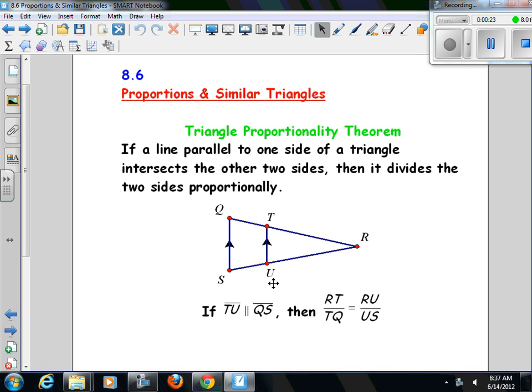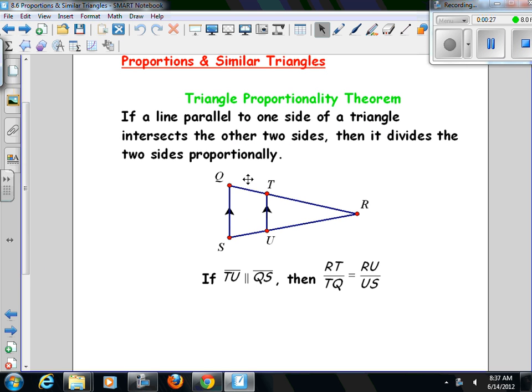So if we have this particular diagram here, where we have this triangle and we have a line parallel to one side of the triangle running through it, and it creates this diagram. If TU is parallel to QS, what this means is that the proportion RT over TQ is equal to RU over US.